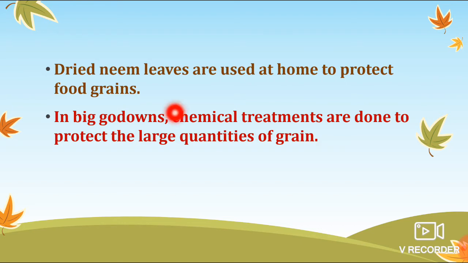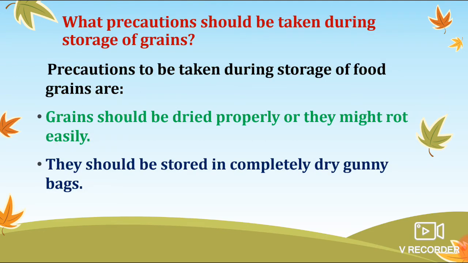Dried neem leaves are also used at home to protect the food grains, and in big godowns chemical treatment is done, because how many quintals of leaves are we going to use? So chemicals are used to repel pests and other insects, especially rats.